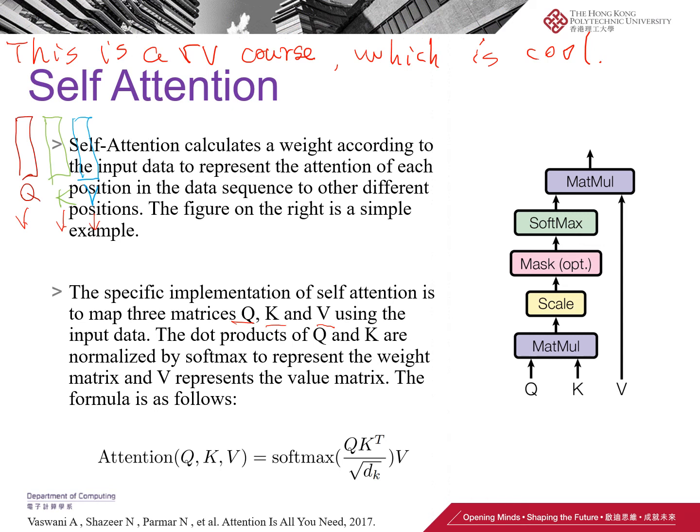Like in the Google search engine, you type in a set of words, that's a query, and the search engine will compare your query to the keywords they have on each of the documents. And then inside the documents, there are more values, and there are more words in those documents. So by distinguishing these 3 different roles of words, it can calculate the correlation in a more decent way. That is the reason why we have 3 feature vectors for each of them.